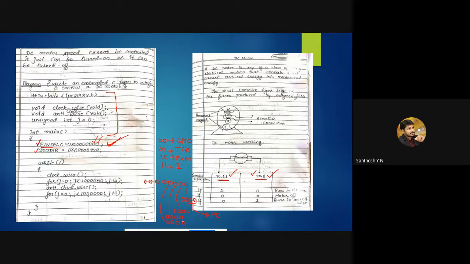You're all understanding what I'm trying to tell? See, if I'm making this as 0 0, what happens to port 0 point? These two bits are used to control which pin? These two pins are used to control which pin?